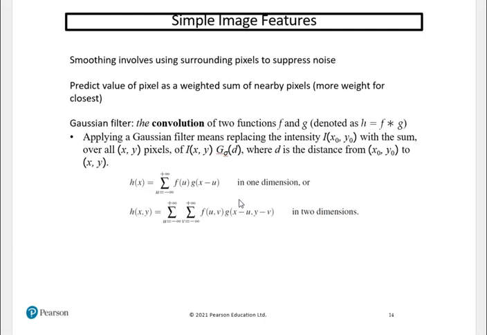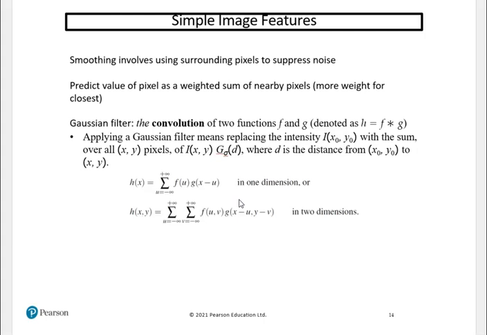Then I can apply a Gaussian filter, which is the convolution of 2 functions, f and g. That's where the name convolutional neural network comes from, because we're applying these filters over and over again. This convolution operation we give the symbol h equals f star g.